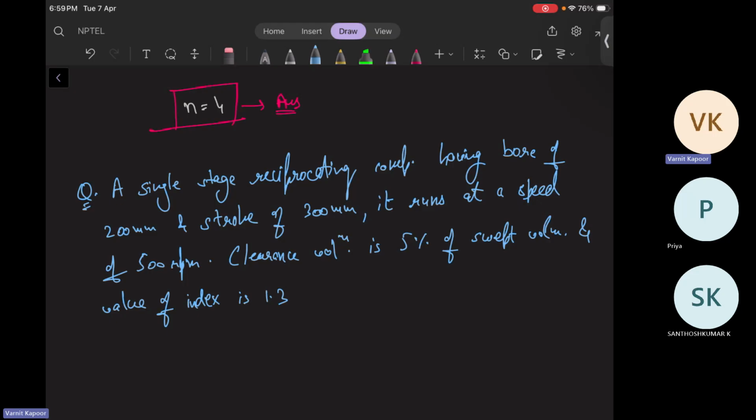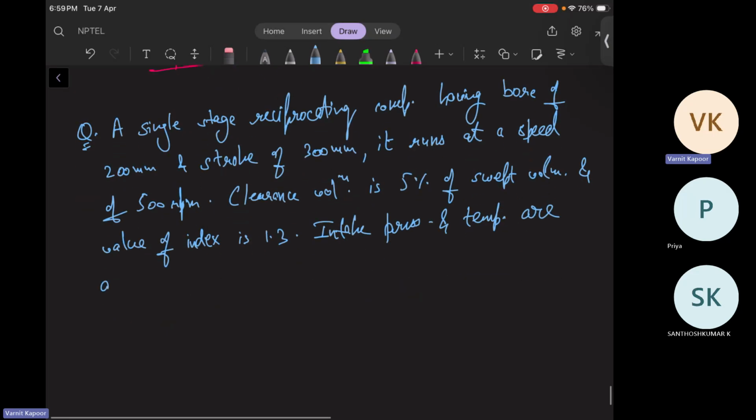Intake pressure and temperature are 97 kilopascal and 20 degrees Celsius. And delivery pressure is 550 kilopascal.